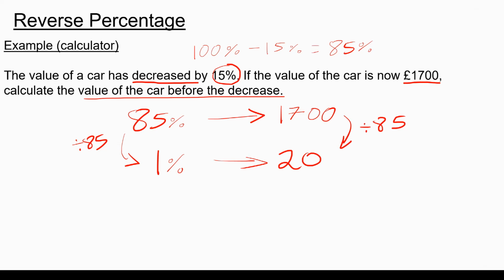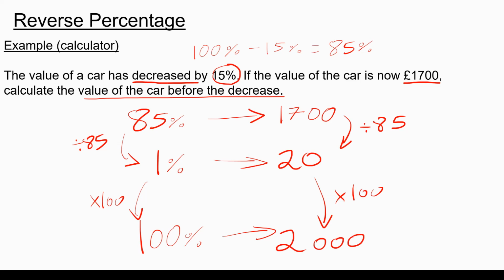So we know that 1% of the original value of the car is £20. So to get to 100%, I need to multiply both sides by 100, which will give me that 100% of the original value of the car is £2,000.